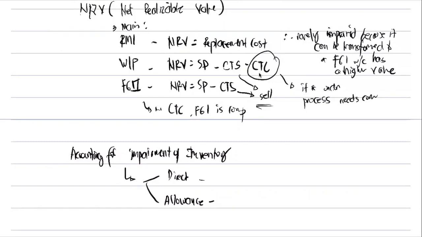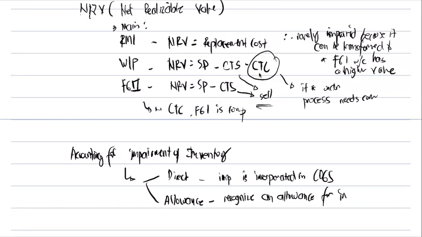Under direct method, the impairment is incorporated in cost of goods sold. While in your allowance method, recognize an allowance for inventory write-down.